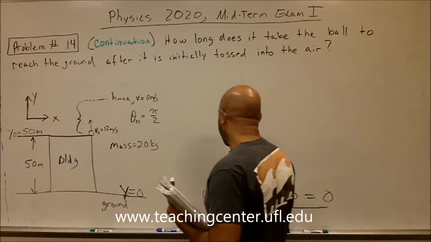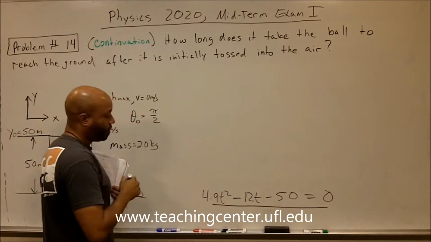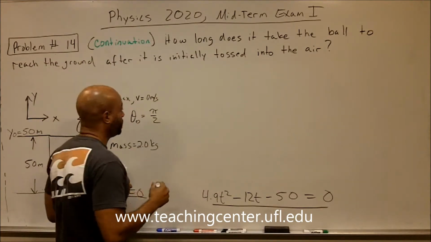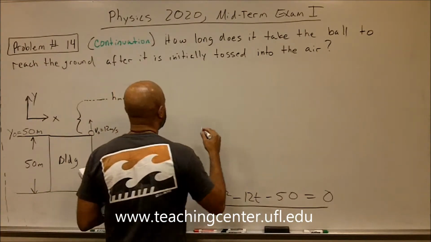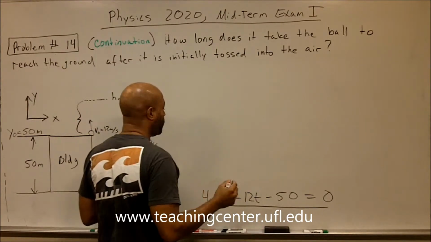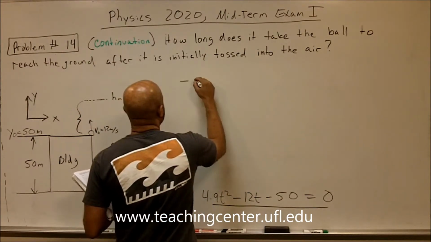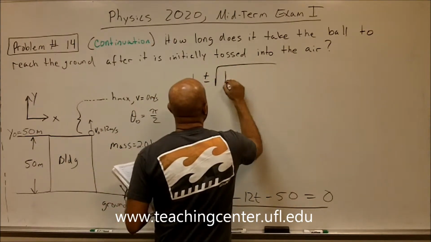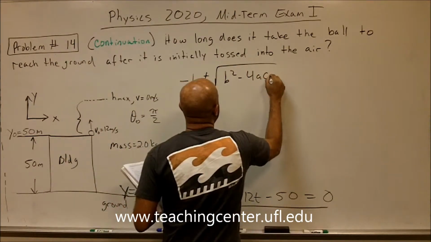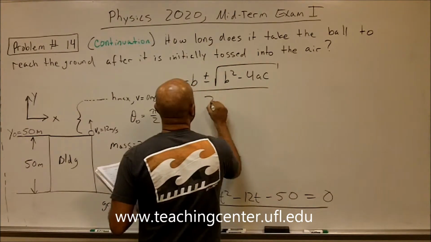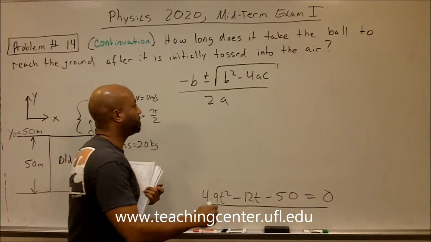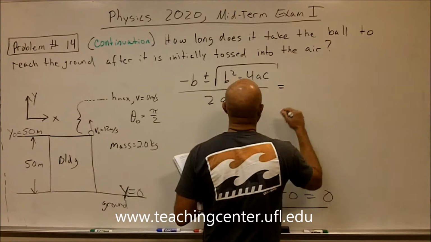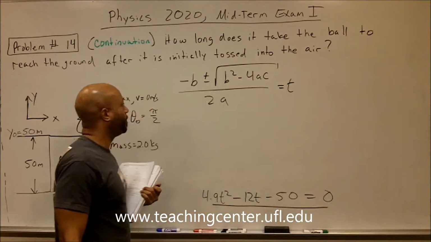All right, so we've got our equation here, our parabolic equation, our quadratic equation. So we're going to use the quadratic formula in order to solve for this. So that's just minus b plus or minus the square root of b squared minus 4ac all over 2a. And that's going to be our time.